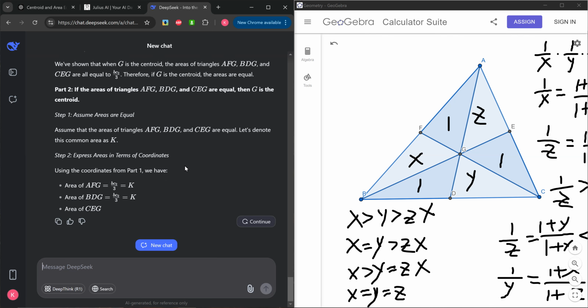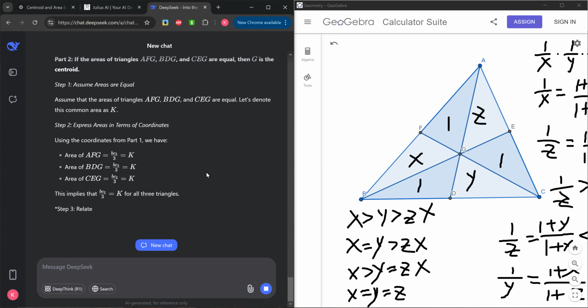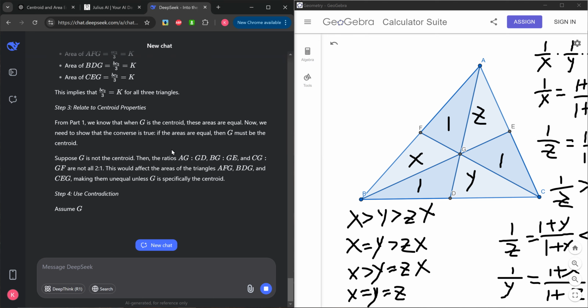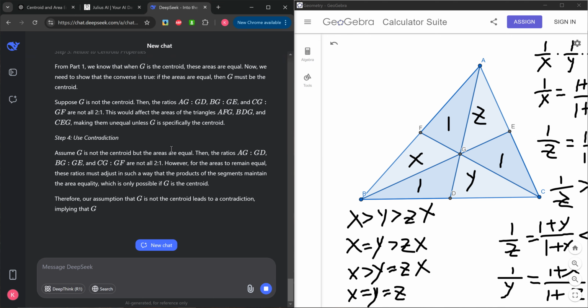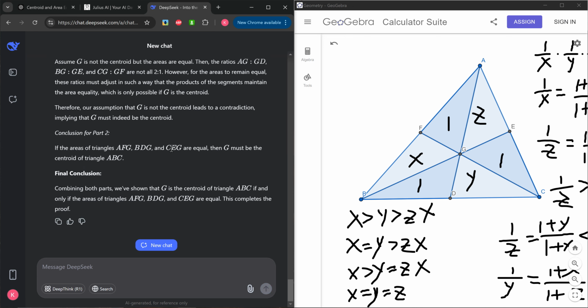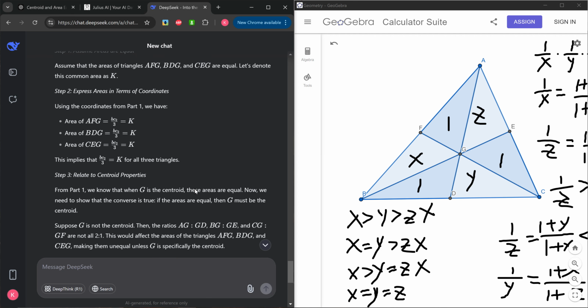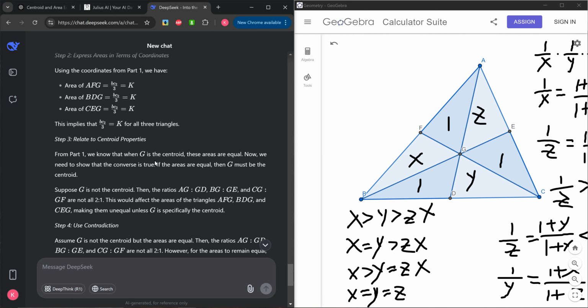DeepSeek put some coordinates here, but that's fine. Then the area of AFG equals this one equals K, and the area of BDG equals this one equals K, and the area of CEG equals this one equals K. Okay, that's fine.